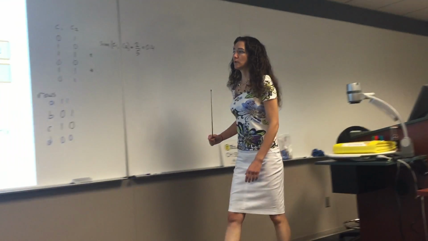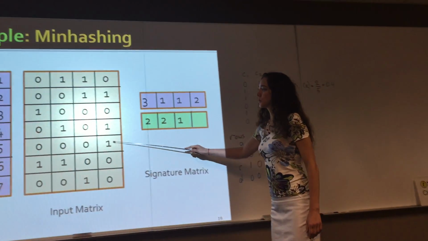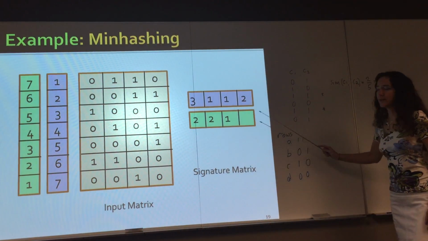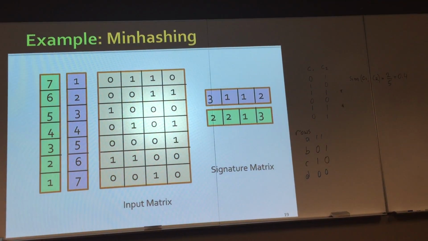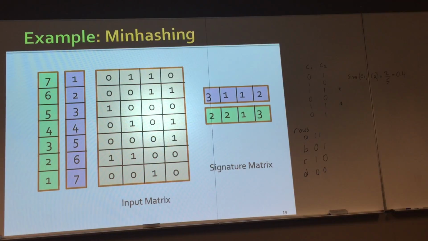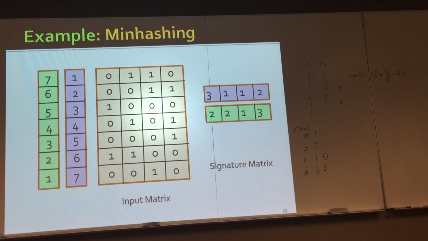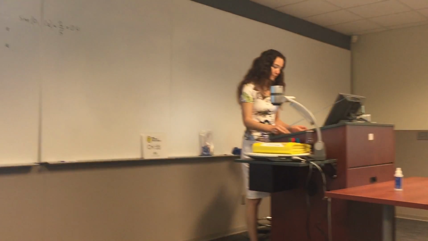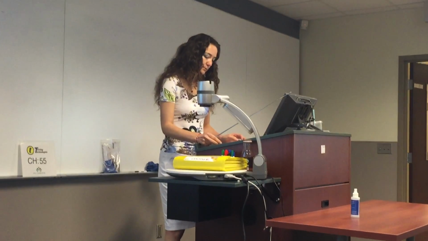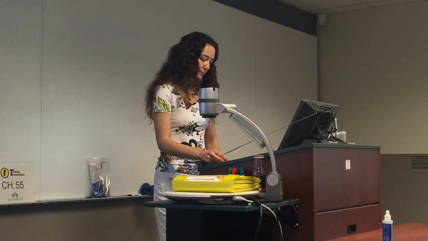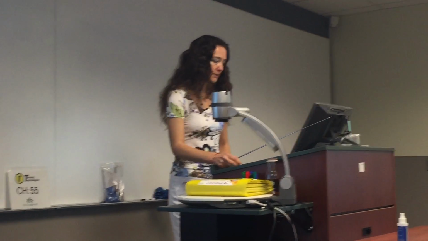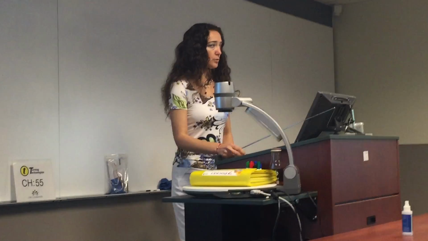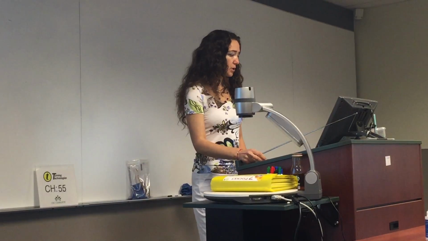And then we go to the third one, and there's a 1 here, so we will put the number 3 here. So we are doing several random permutations, and we use those as a signature.